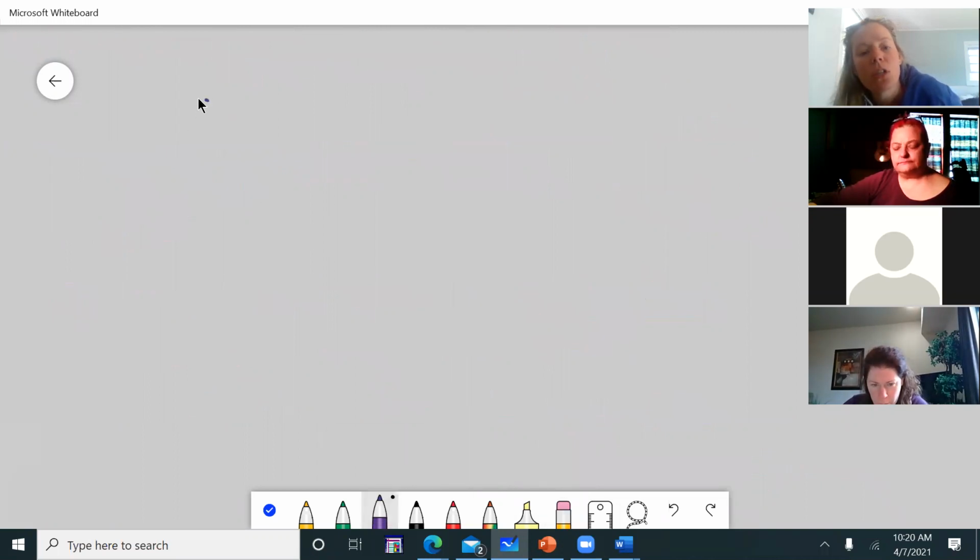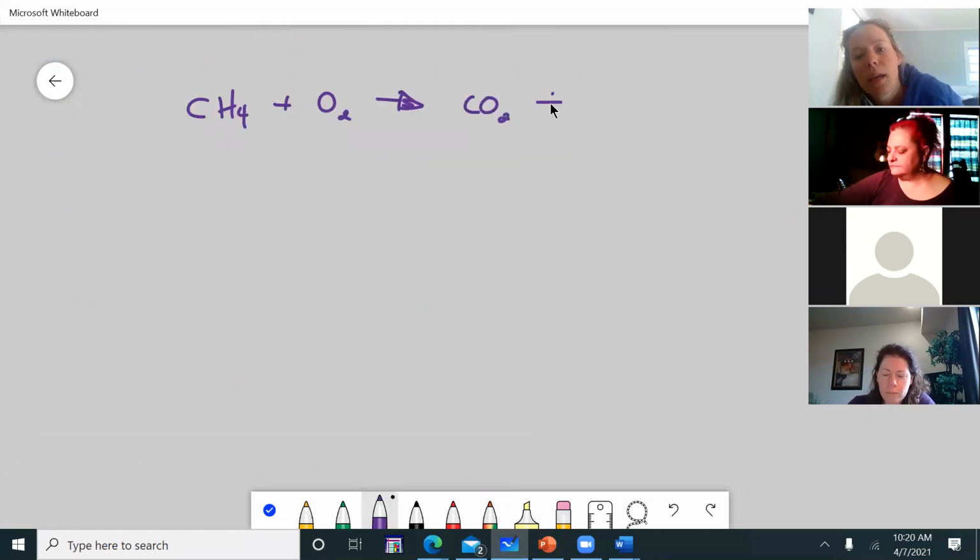The methane reaction is CH4 plus O2 produces CO2 and H2O. Always balance your carbons first. Those are balanced. Then balance your hydrogen. There's 4 there and 2 there, so I'm going to put a 2. And we've got 2 oxygens and 2 oxygens, so I need to put a 2 here.